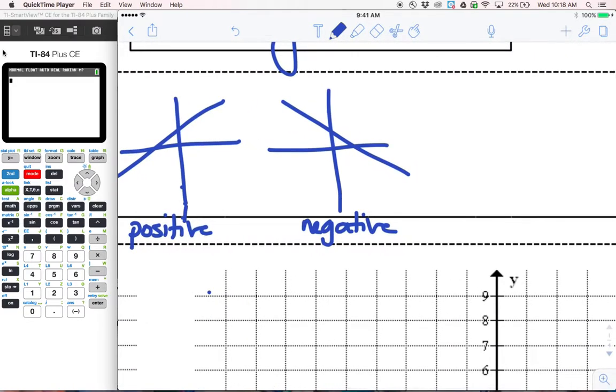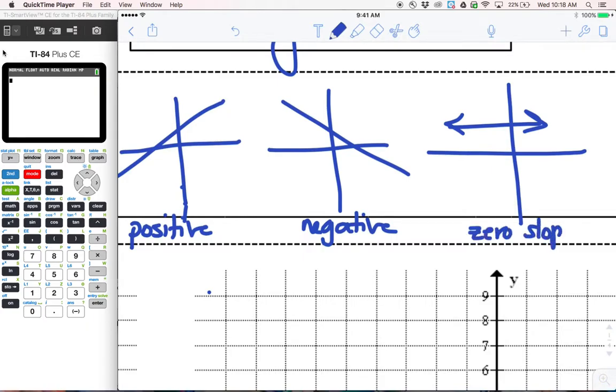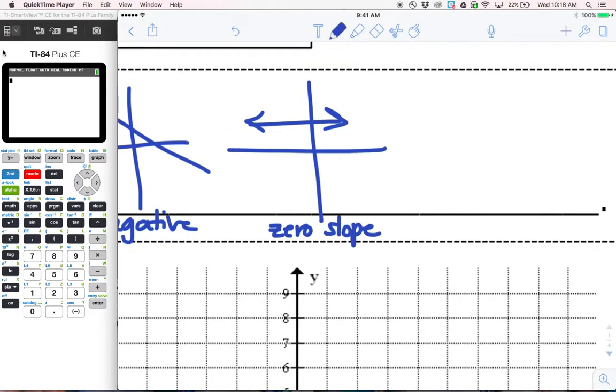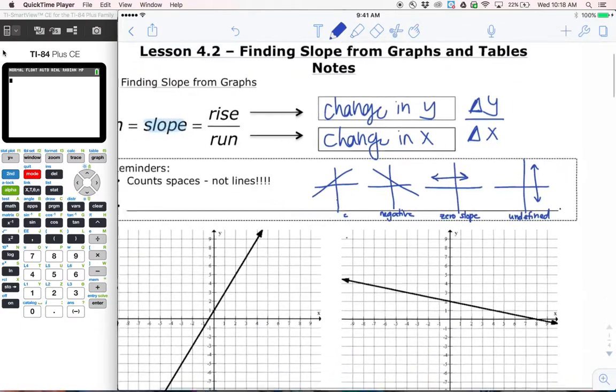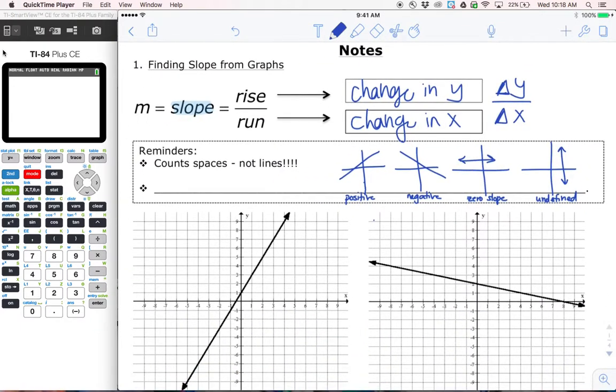If we have a horizontal line, the slope is zero slope, the actual number 0. And then if we have a vertical line, this is the weird one. We say in this case the slope is undefined. So we have 4 different kinds of slope for linear equations.